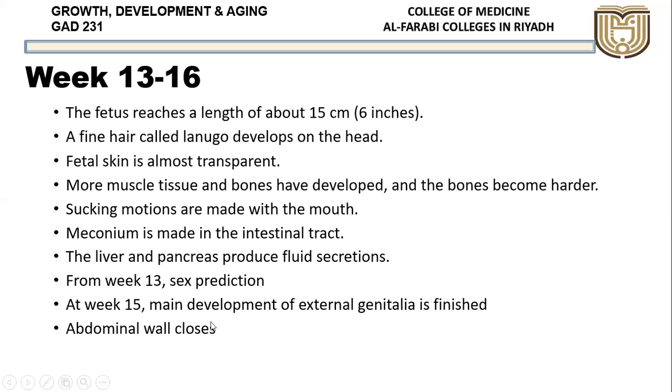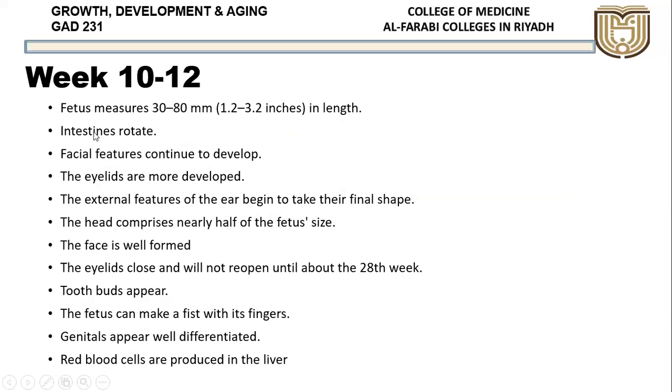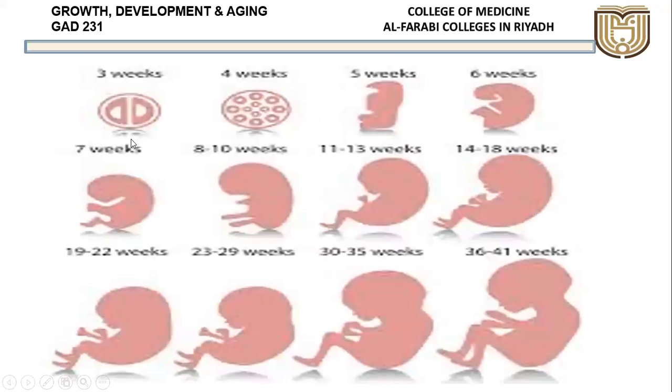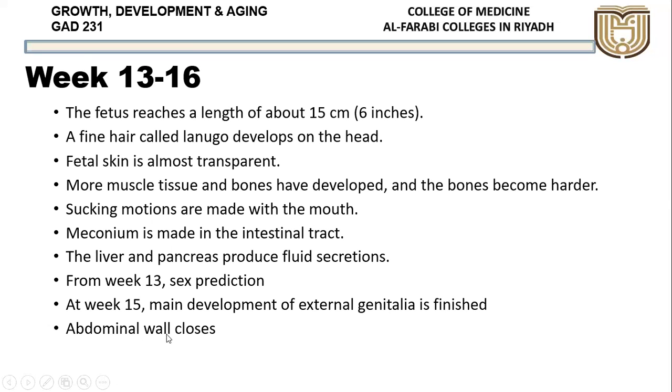Coming to the abdominal wall closure, as we said before, there will be intestinal rotation. Again, this is all part of level 6, when you will study that the intestine will come out of the abdomen and rotate, and by the 16th week the intestine will go back, and then there will be closure of the abdomen. So initially there will be an open abdomen, then it closes.